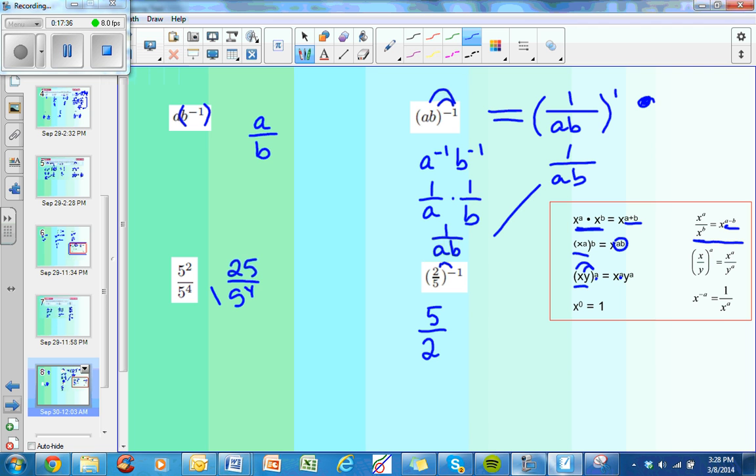Same thing with division. A quotient to a power, you distribute it, and then anything to the power of 0 is 1, and a negative exponent actually means division. So x to the negative a flips it down to the denominator. Likewise, 1 over x to the negative a flips it up into the numerator. So those are your rules.